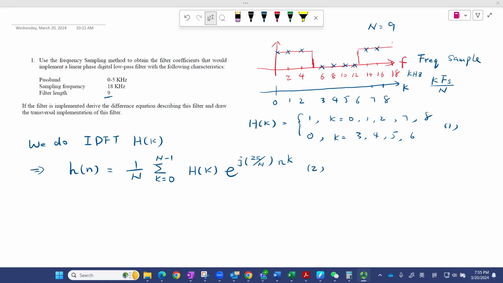Okay, so we're gonna derive one of the equations from the lecture slides.